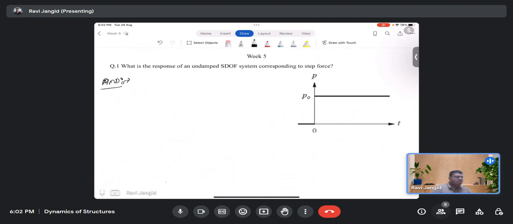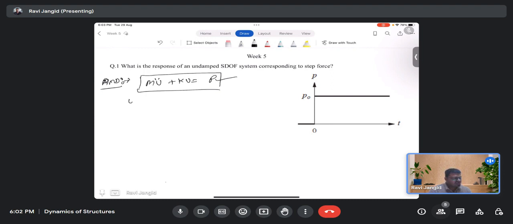To find the response corresponding to the force, we have the equation m u double dot plus k u is equal to p. This is also a kind of step force. For this kind of problem, we have the solution already.